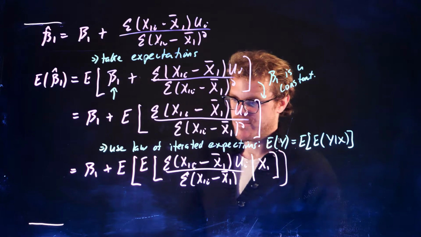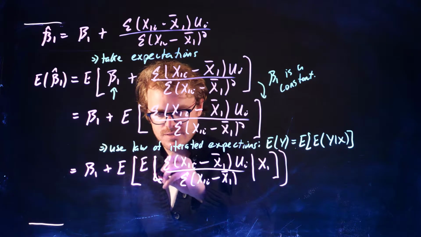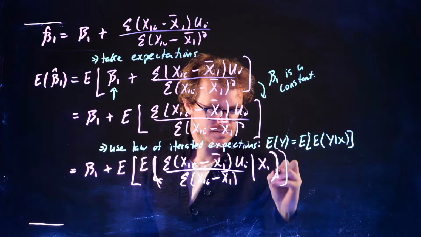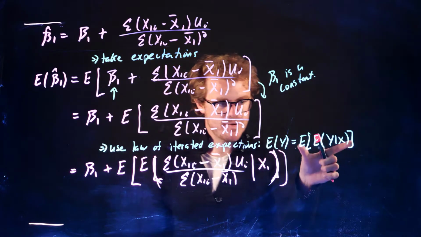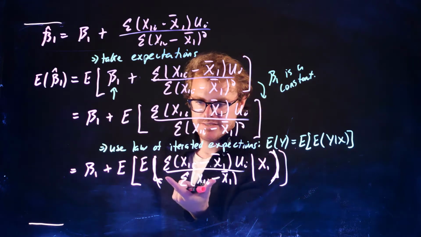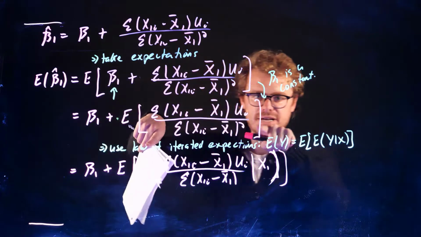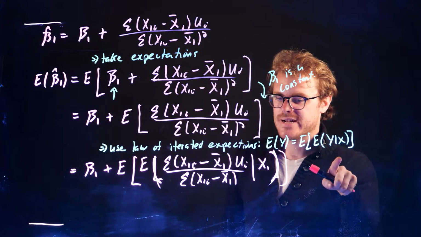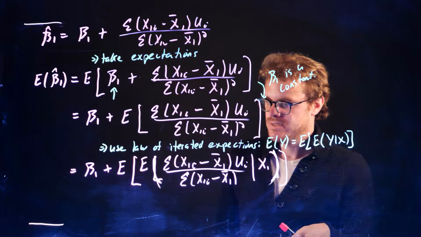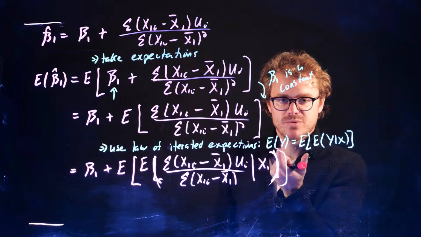And then I need to close that bracket. Maybe I should have made these brackets match up. So I'm applying this law to this expression where everything in the square brackets is the y, and we're just taking the expectation conditional on x. And then we can use some of the assumptions we've been making about the relationship between u and x.